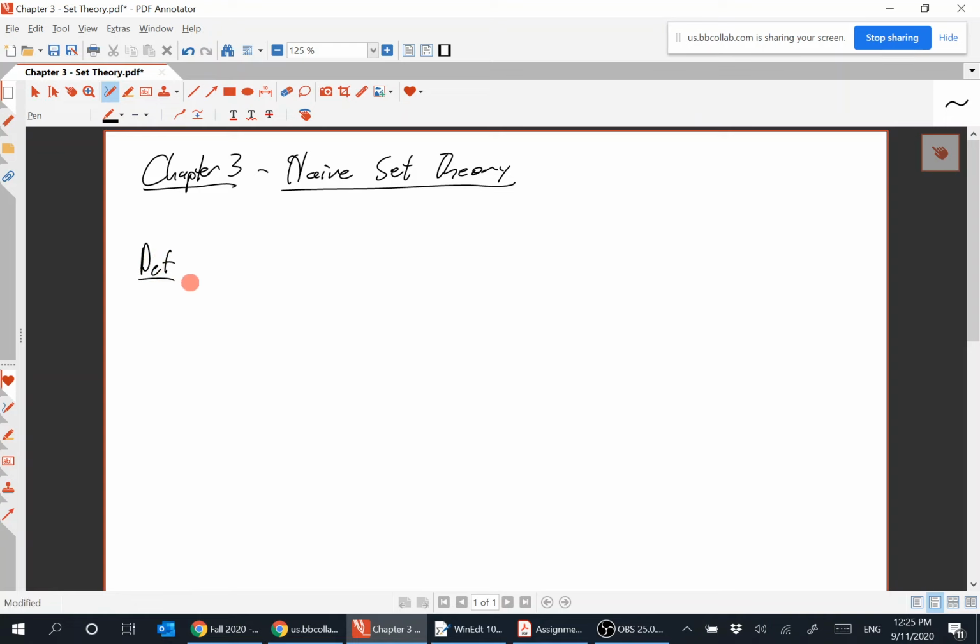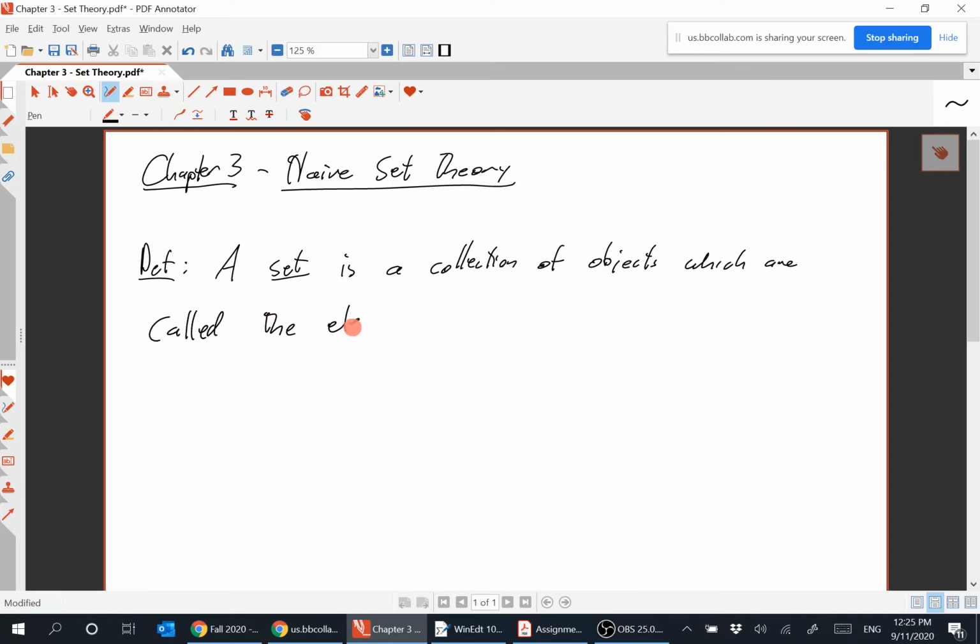with the definition. A set is a collection of just objects which are called the elements of that set.